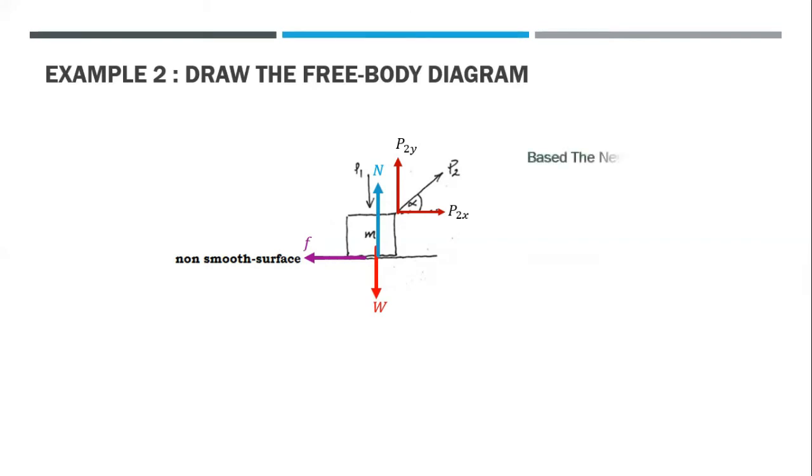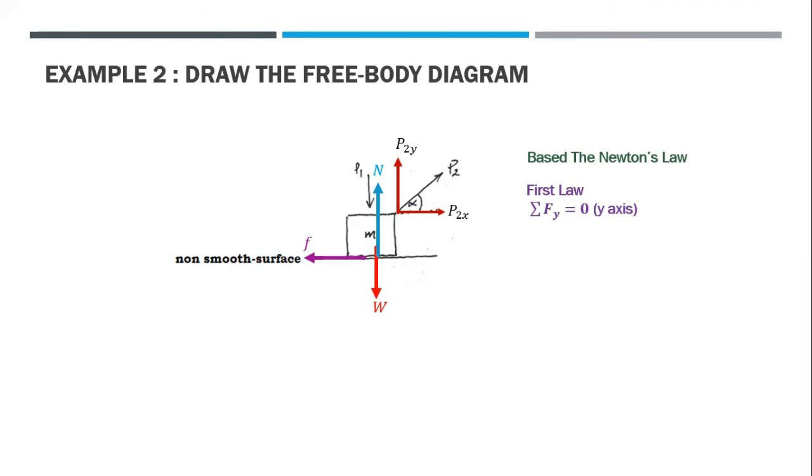Okay, students, based on Newton's law, we'll find any forces acting on the free body diagram, right? The first law of Newton, sigma Fy equals 0. Please focus your eyes on all forces lying on the y-axis. There are the W force, downward, P1, downward, and the opposite ones are the normal force, upward, and P2y, upward.